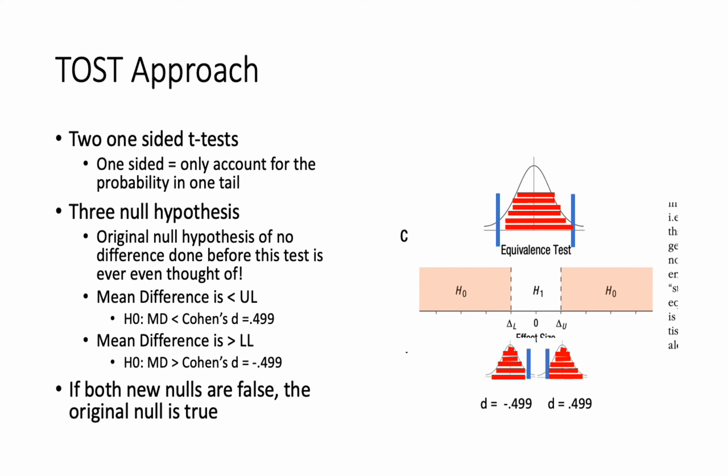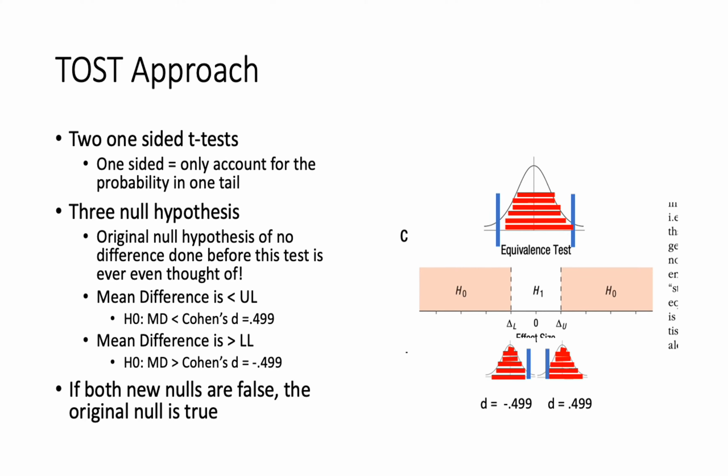Well, what we do is we test our mean difference, whatever that is, against the mean difference that we find when we convert that Cohen's d of 0.499 into a mean difference. Or to phrase it a different way, we're testing if our sampled Cohen's d is significantly less than the Cohen's d of 0.499. It means the same thing because mean differences and Cohen's d's are interchangeable. So it's really not that weird to say that.